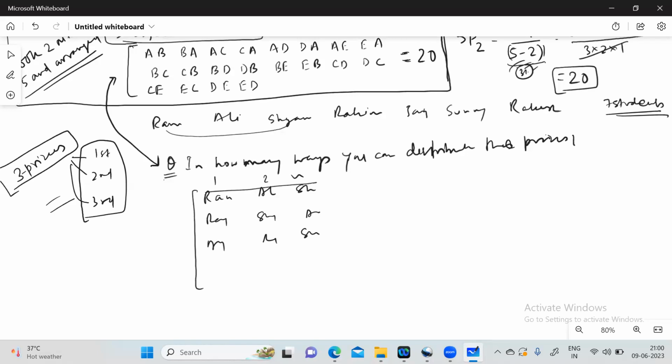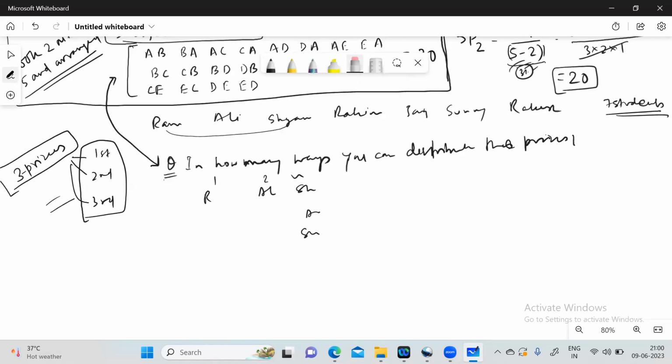Rather than doing it in this way, you will prefer to do it the formula way. The formula way says just place the 3 places of prizes at one place: first, second, third. For the first prize, how many options are there? 7.